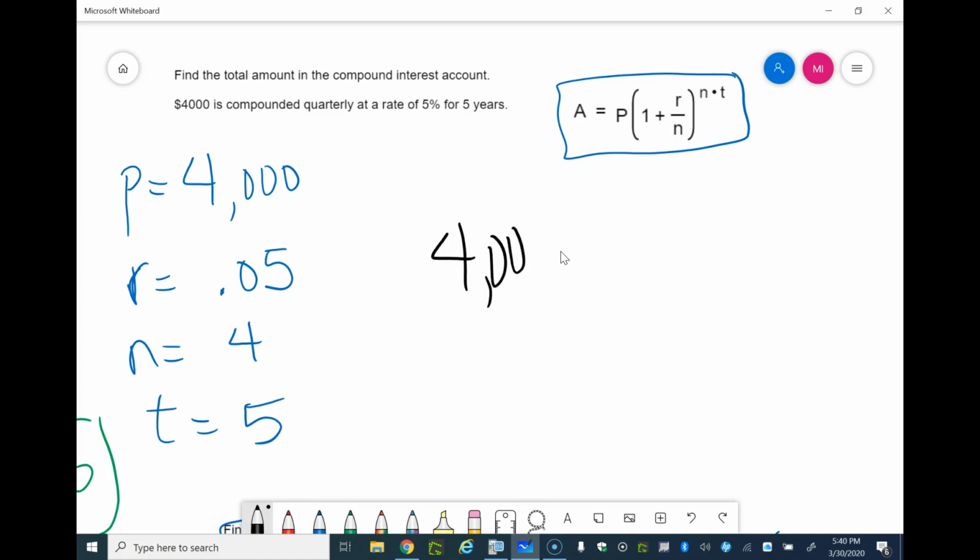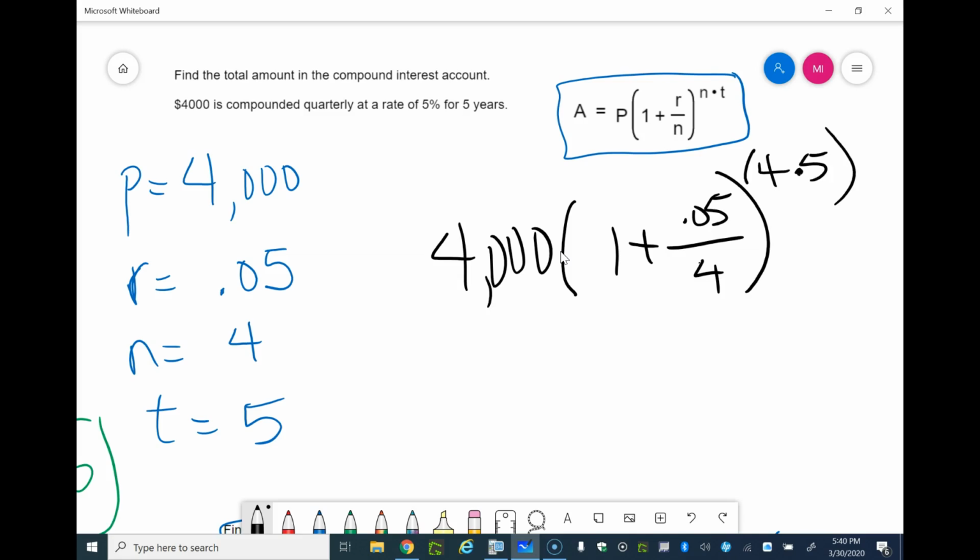So 4,000 times 1 plus R, which is going to be 0.05, over 4, and raise it to 4 times T, which is going to be 5.